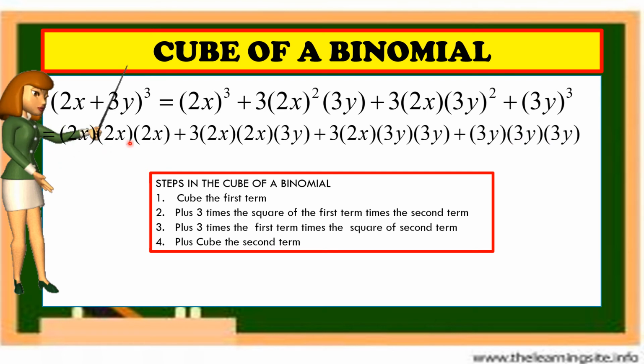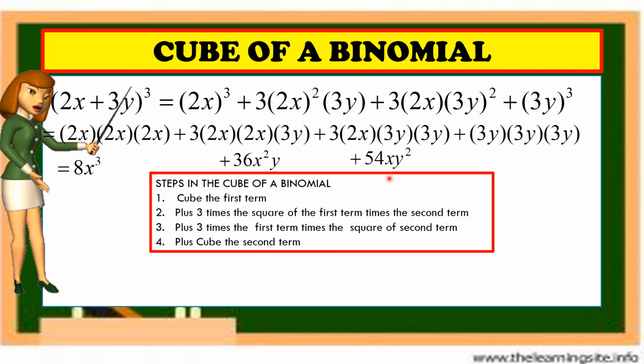So 2x times 2x times 2x is 8x cubed. 3 times 2x times 2x times 3y is 36x squared y. 3 times 2x times 3y times 3y is 54xy squared, and 3y times 3y times 3y is 27y cubed.